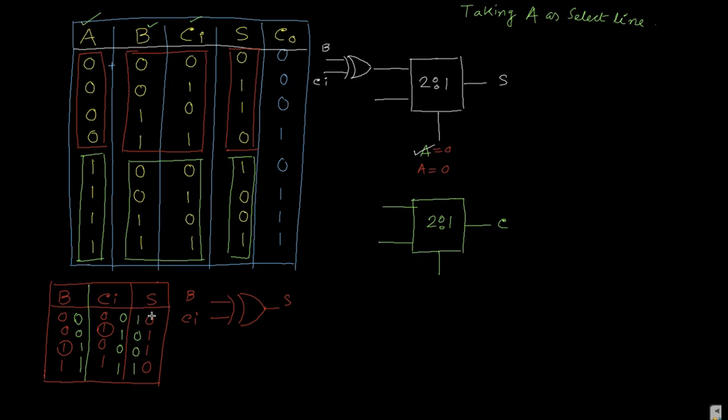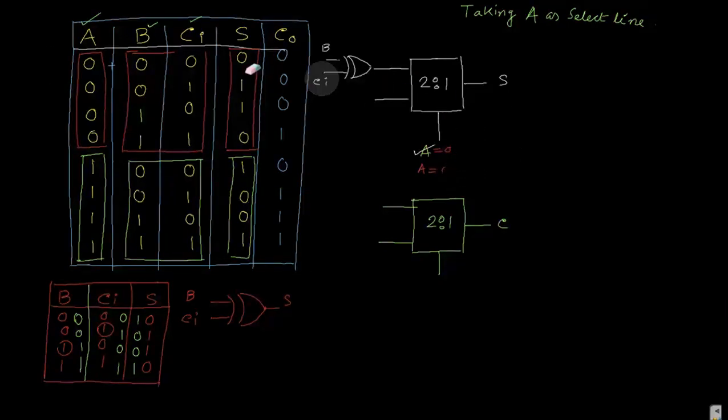That means compared to the previous case, the inputs are the same, but the output is reversed: 1 becomes 0, 0 becomes 1, 1 becomes 0, and 0 becomes 1. Both the inputs are the same: B is 0 0 1 1, Ci is 0 1 0 1.